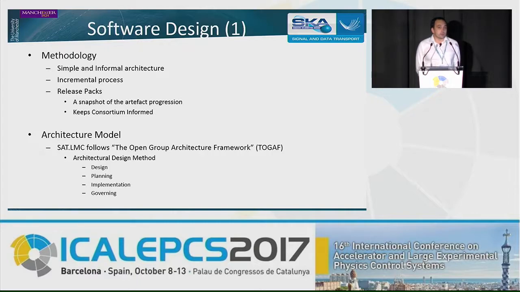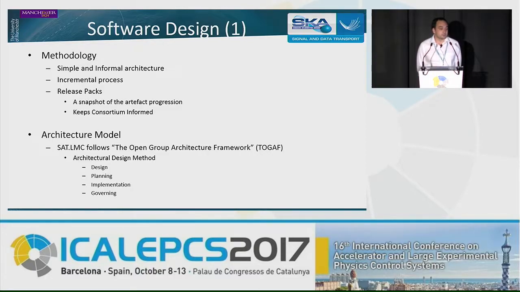Every 6 to 9 months, we take a snapshot of the artifacts that we've been working on, whether it's design documentation, interface documentation, or prototype reports, and effectively put them into a zip file and upload them onto a central repository within our consortium. The main purpose of this is to give a snapshot of the progression, but also keep the rest of the members of the consortium informed as to where we are and where we're hoping to get to.